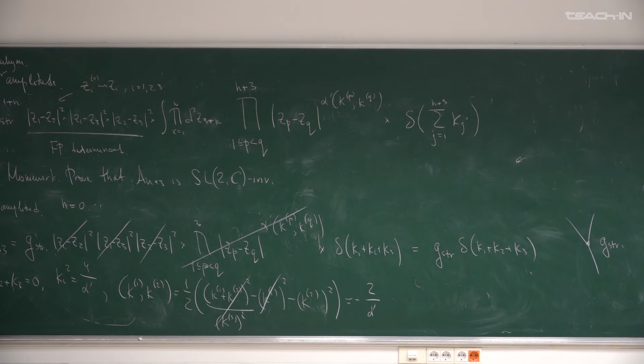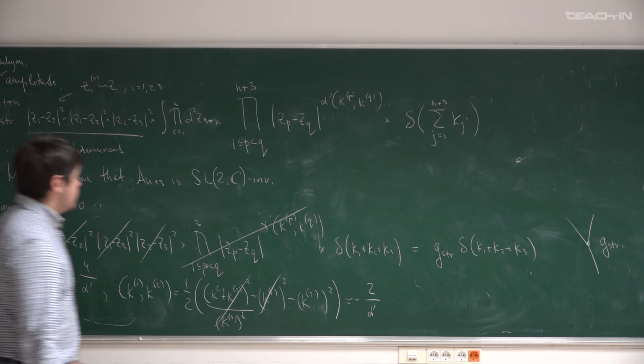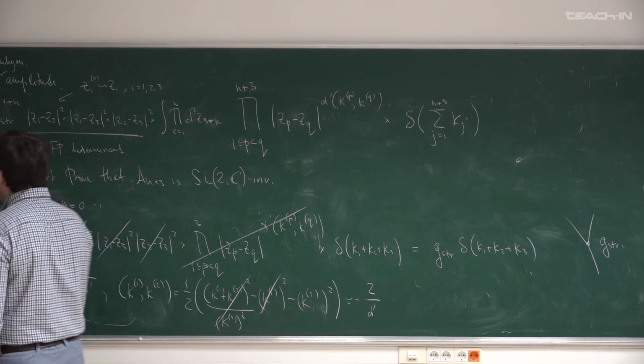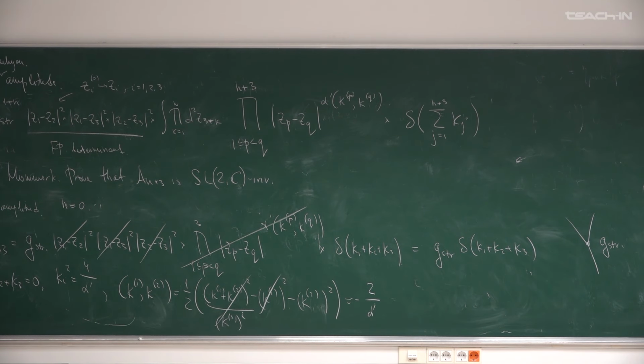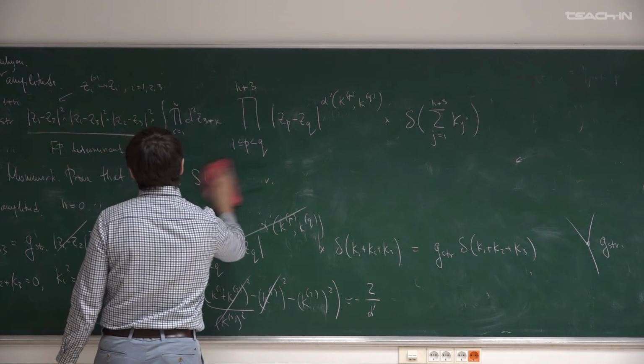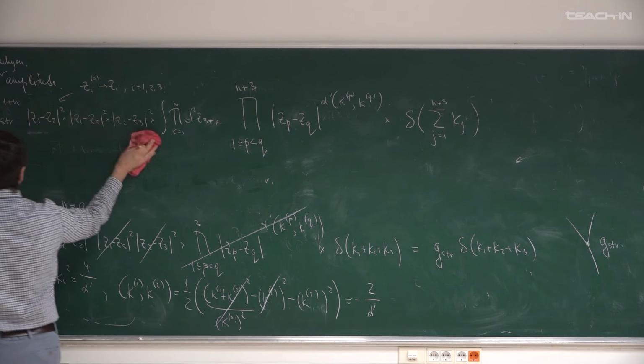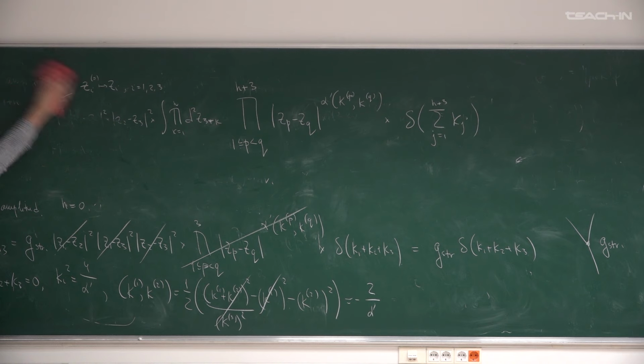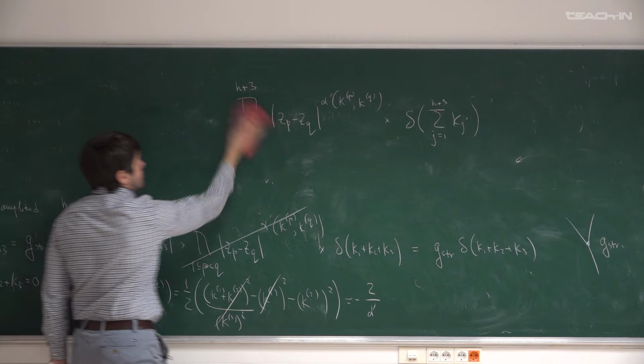So here is the 3-point, and our ultimate goal is the 4-point amplitude, which will be somewhat less trivial. We use the same formula, but now substitute n equal to 1, which means a 4-point amplitude.